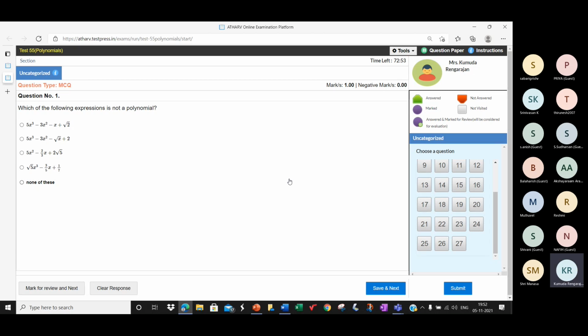Don't be happy with yourself if you did not know the answer to this question. x to the power 1 by 2. When you write root x in the exponential form, it is x to the power 1 by 2. The power is 1 by 2, which is not a whole number.